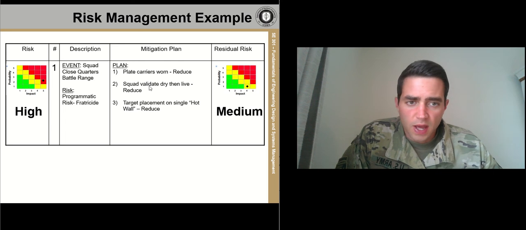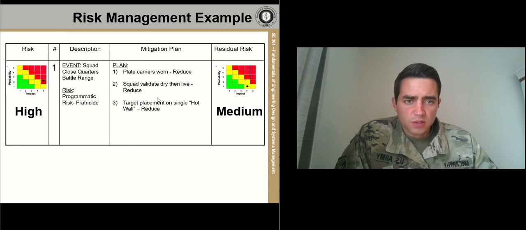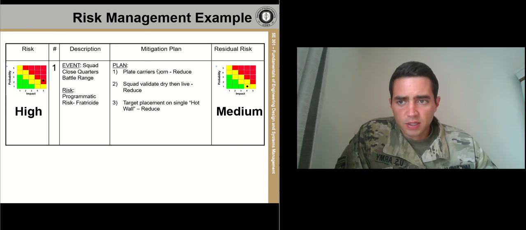So you can see that as we add mitigation measures in place, we're moving along this spectrum in probability and in impact. And the last thing is target placement on single hot walls, another reduction technique that we can use.